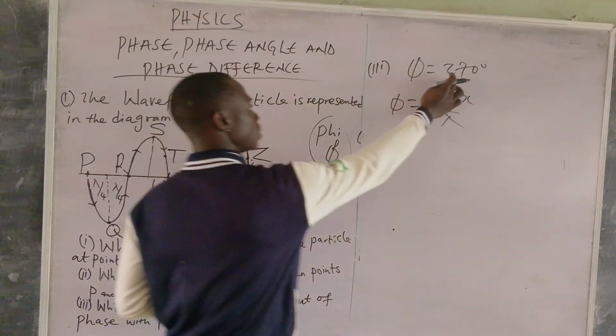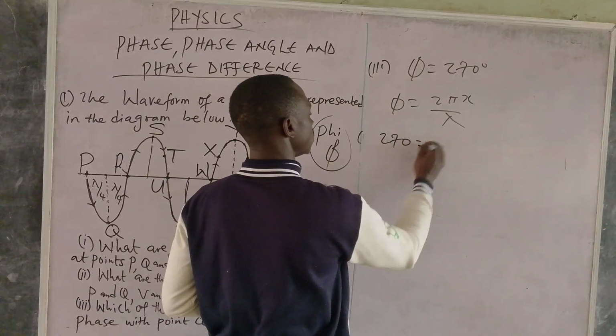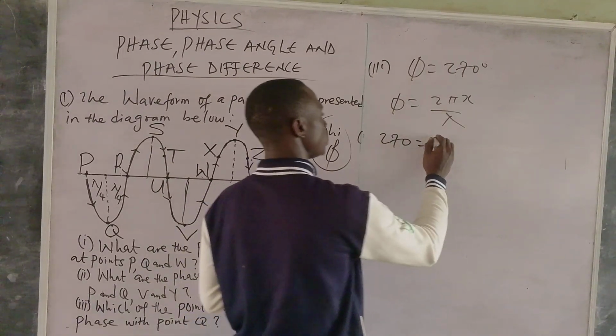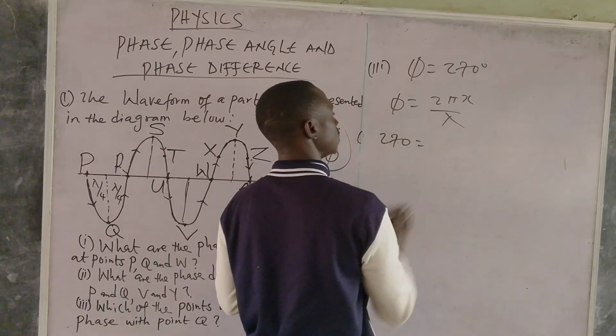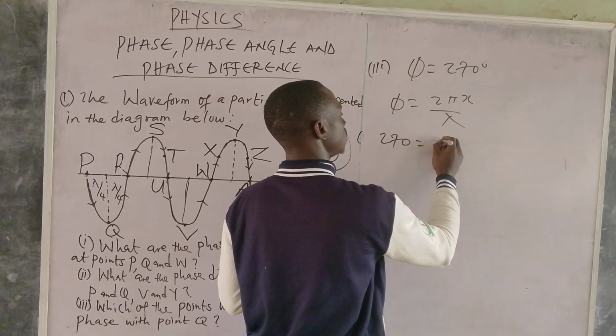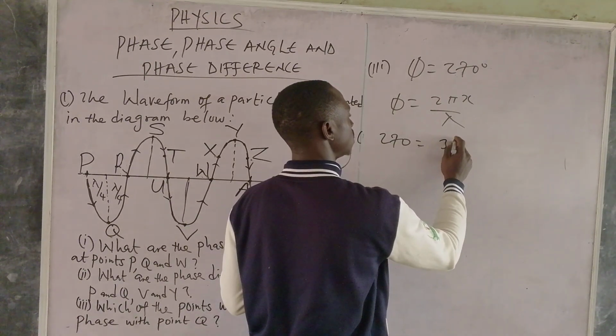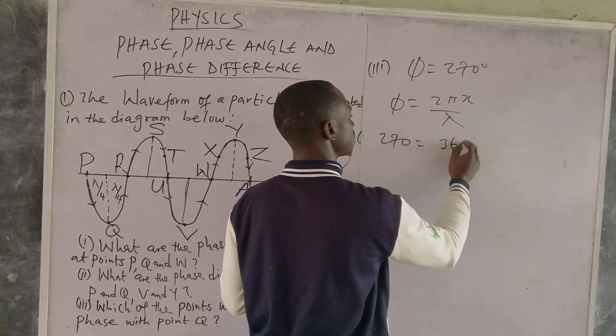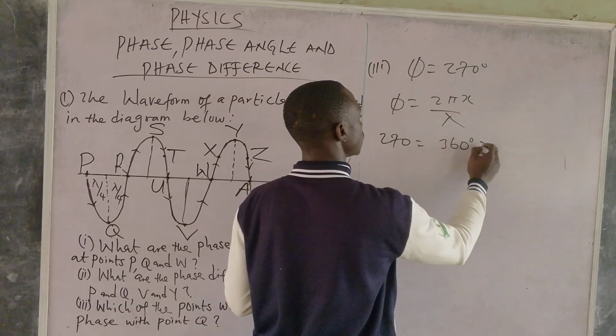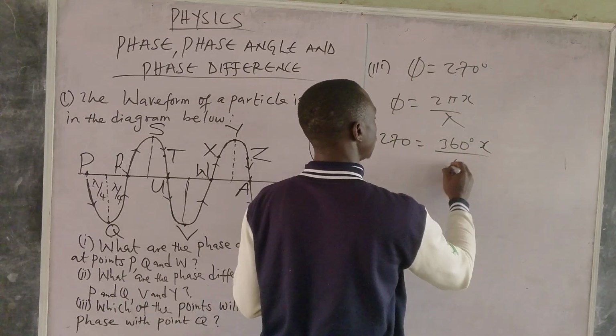So we substitute the value of phi, which is 270, equals 2 pi, and 2 pi is 360 degrees, times x, over lambda.